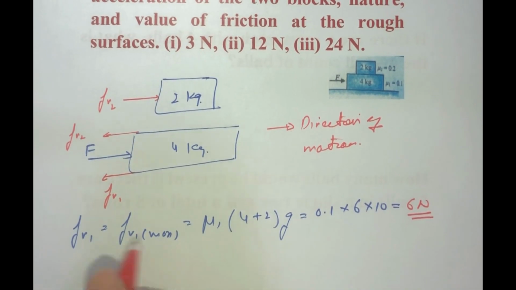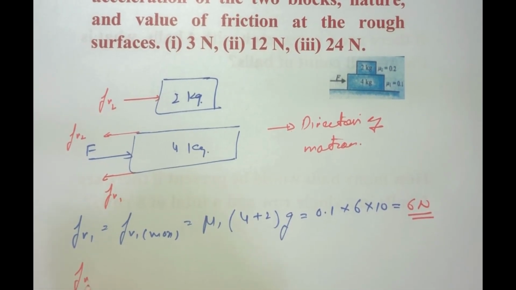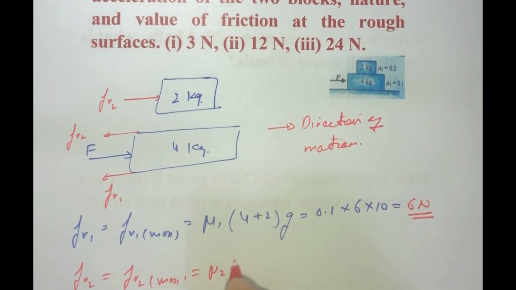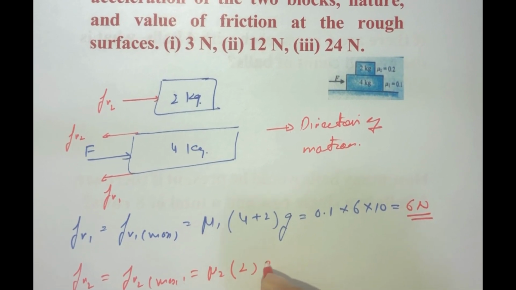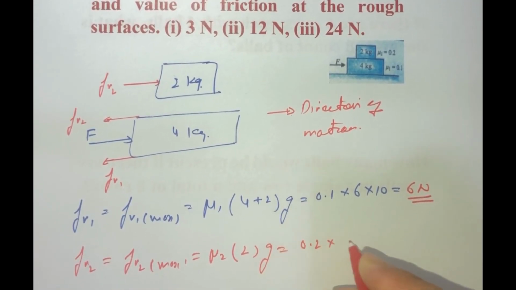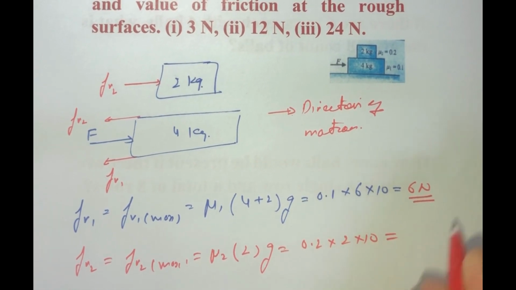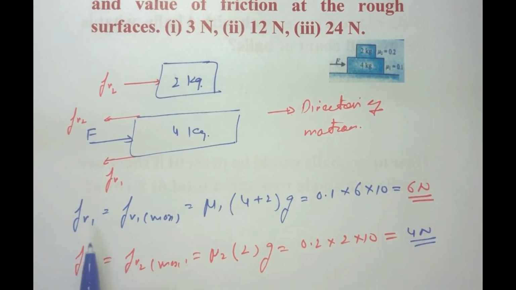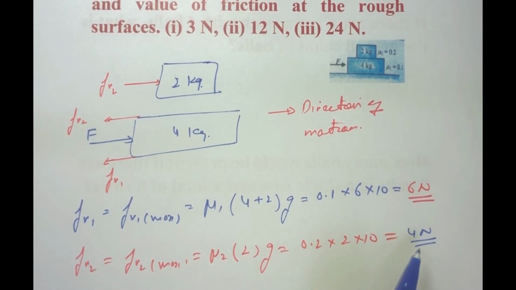Similarly, we can find Fr2, let us call this Fr maximum also, which will be equal to mu2 times 2 kg times g, where mu2 is 0.2, times 2, times 10. So we get this value as 4 newtons. So we have the friction Fr1 as 6 newtons and the friction Fr2 as 4 newtons.